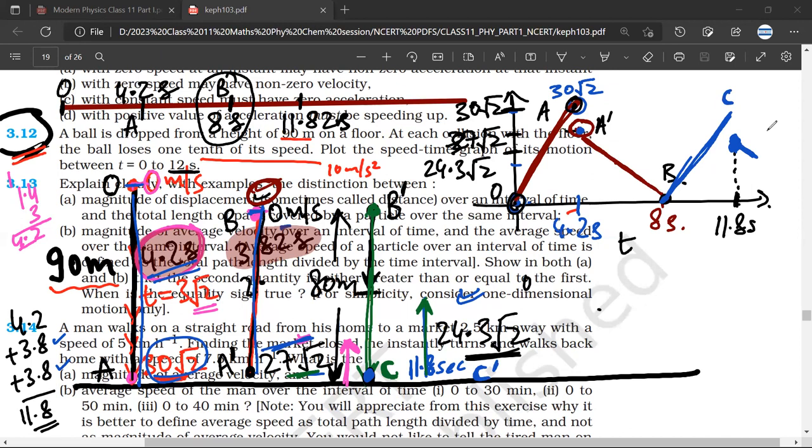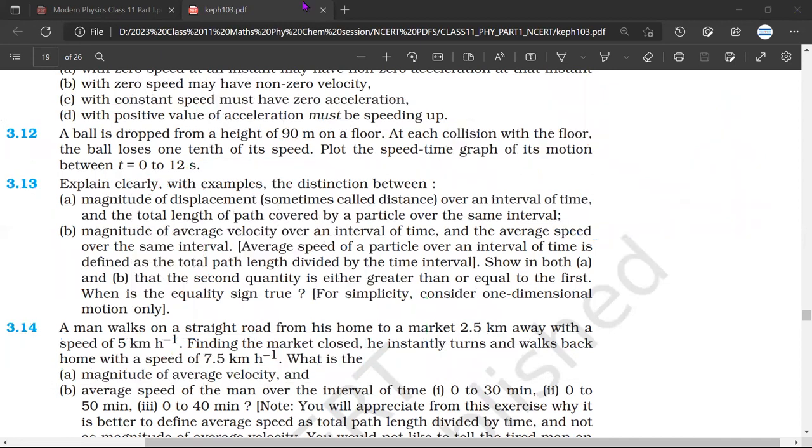Yeah. So basically this is a sort of interesting question, because it helps us understand another question that you might have done.